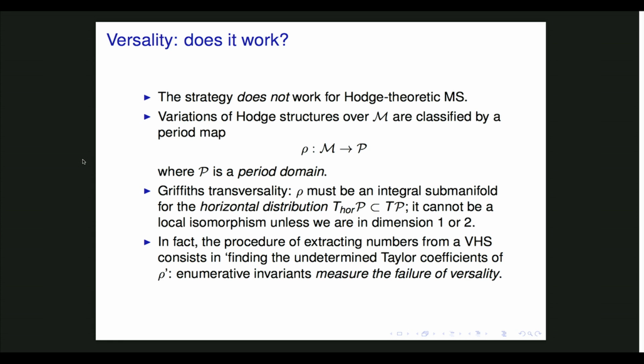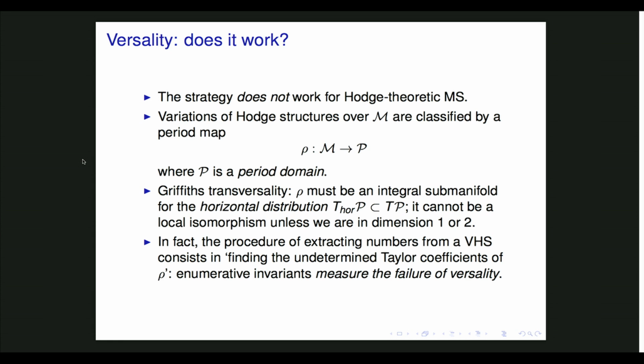And in fact, in some sense, it's a good thing that it's not true, because the procedure whereby we extract interesting numbers from a Hodge structure consists in finding the undetermined Taylor coefficients of this period map rho.